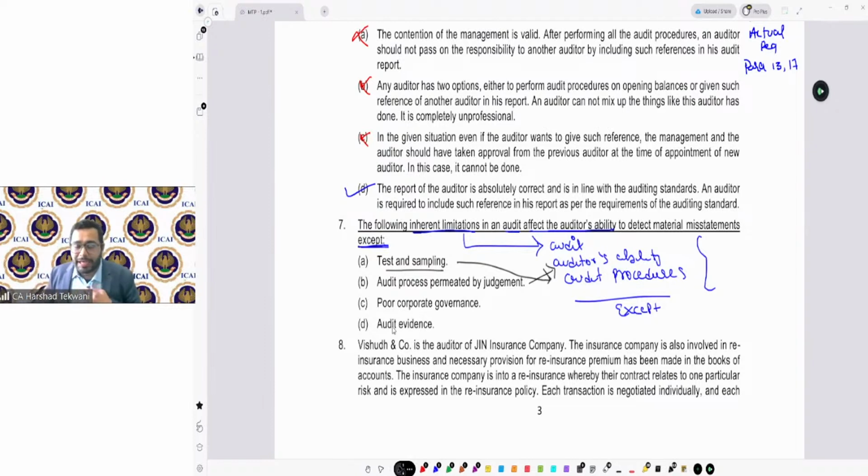Again, I need something except audit, auditor's ability and audit procedure. Audit evidence is again related to audit. Corporate governance is neither a part of audit, nor of auditor's ability, nor of audit procedure. It falls directly into the category of except.